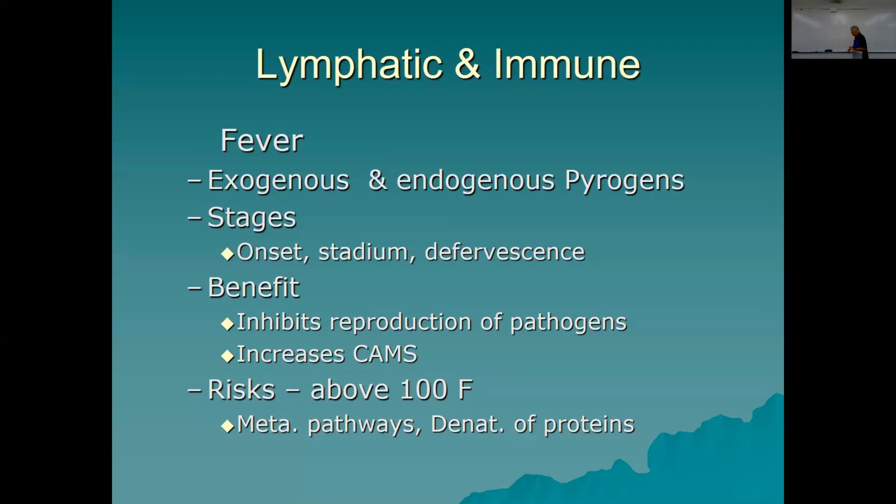And there are stages: onset, where your body temperature starts to rise, right? And then stadium, where it's set at that higher level, and you defend that level. That's why people who have a fever feel a little chilly in a room that other people feel quite comfortable in, because their body temperature has been reset.